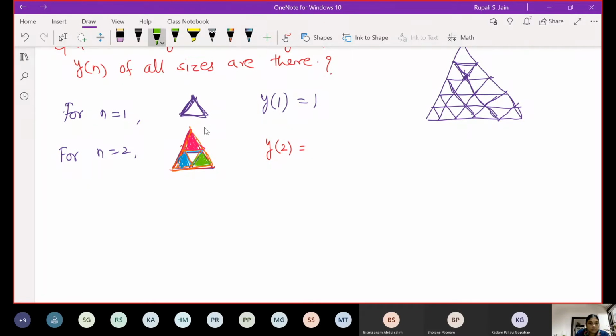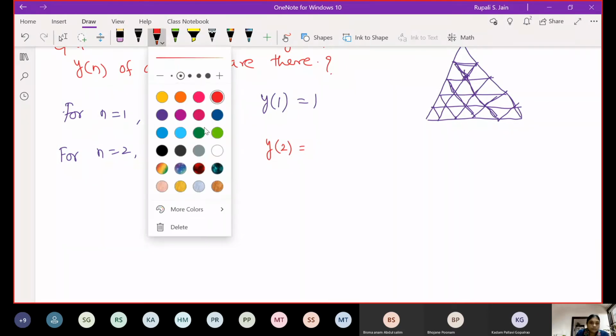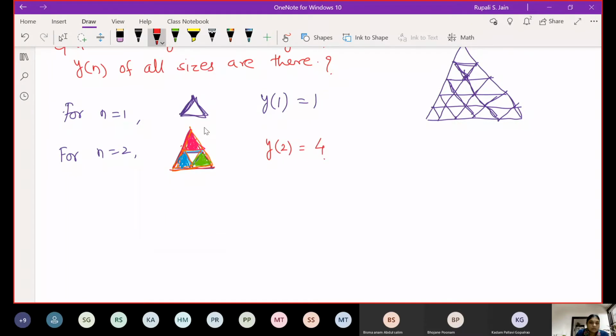And the original one is this one. That is also our equilateral triangle. So how many total? 4. Whatever blank I have left is also a triangle, but it is not an upward pointing triangle. So what is y at 2? y at 2 is 4.